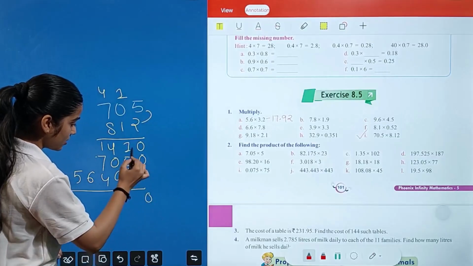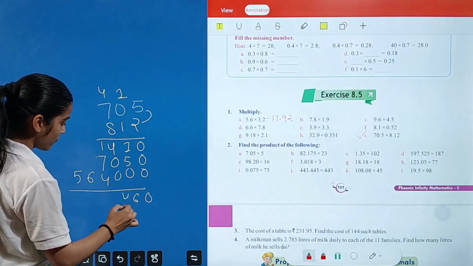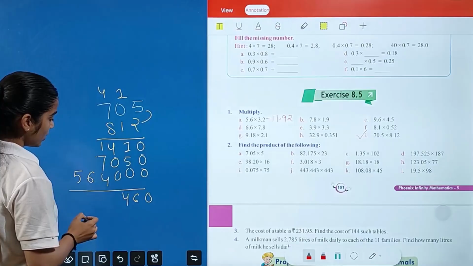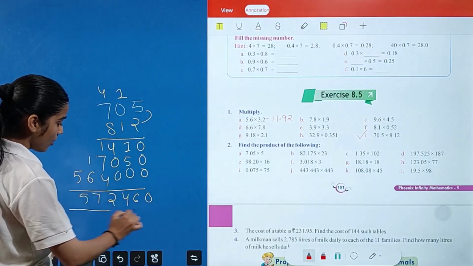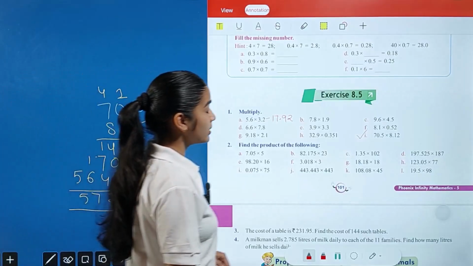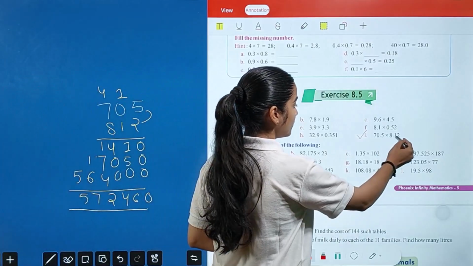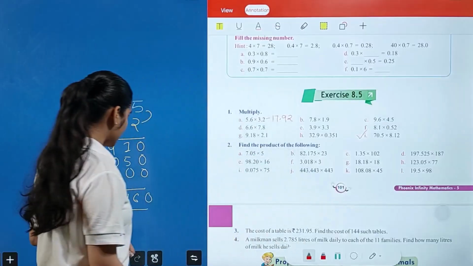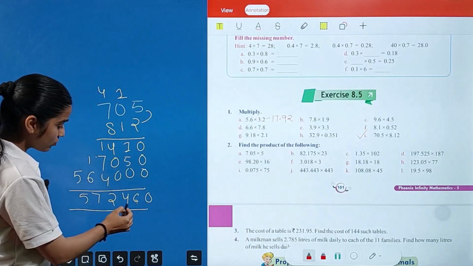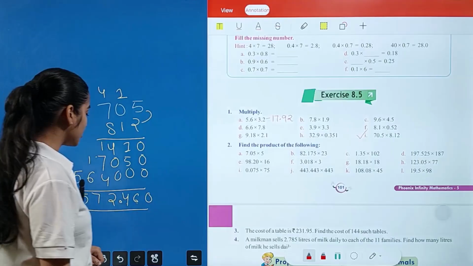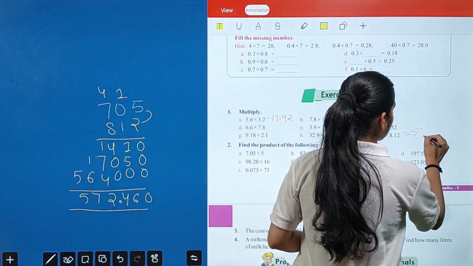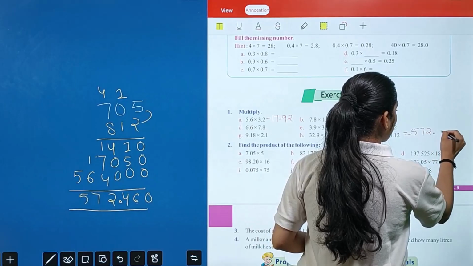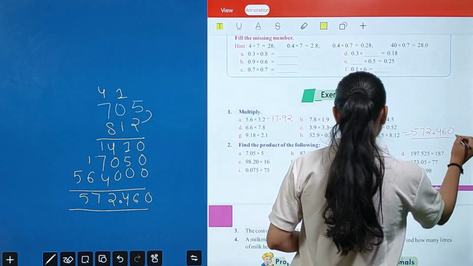Now add them together: 0, 6, 4, 7 plus 4 is 11, 11 plus 1 is 12, 1, 7, 5. How many numbers do we have after the point? 1, 2, 3. So from the left-hand side, 1, 2, 3. Your answer will be 572.460. This is your answer.